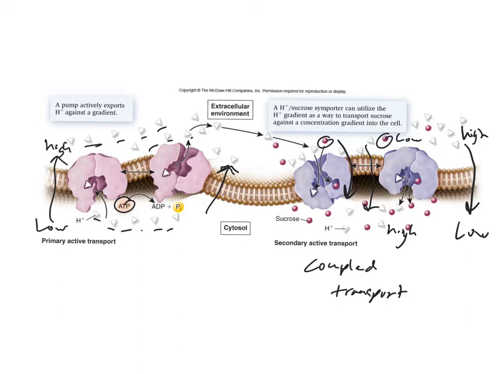That takes energy, and it does that by moving hydrogen from high to low to pull glucose from low to high. So one thing moves from high to low to power another movement from low to high.